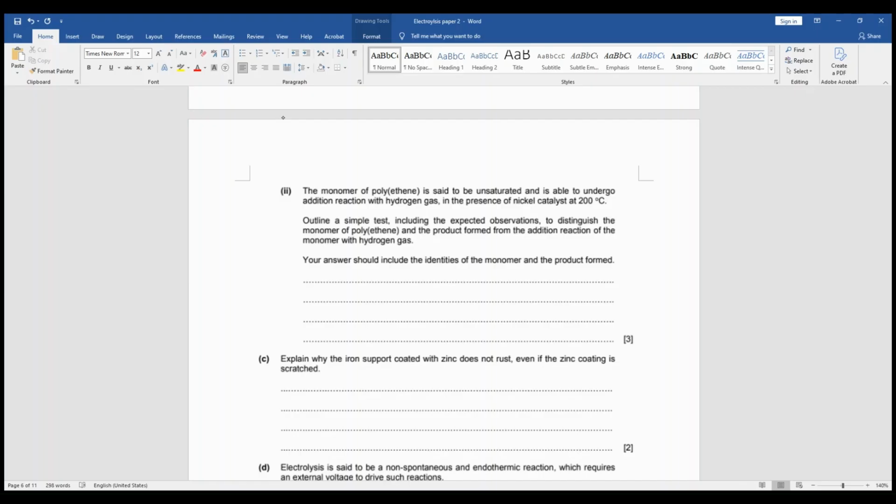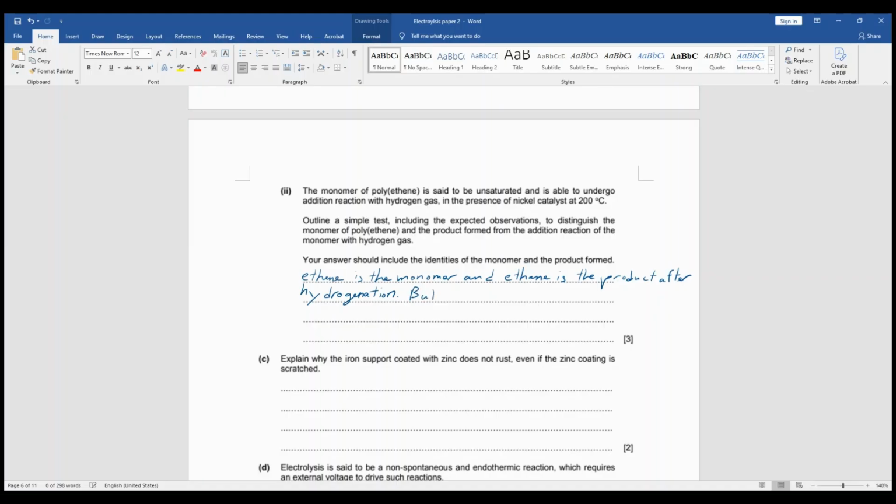Okay. Ethene is the monomer and ethane is the product after hydrogenation. Okay, then you describe the test.